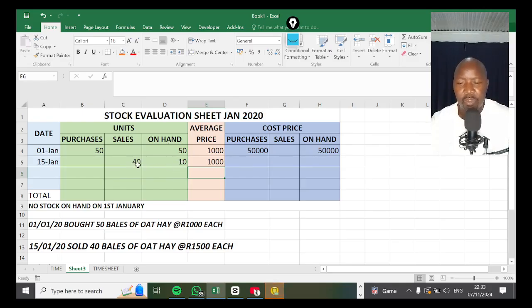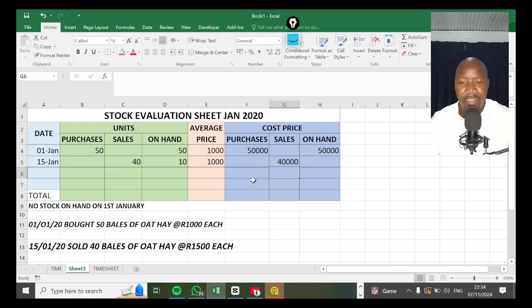Now we must record this 10, 40 and 10 on the cost price section. On the sales, we send this stock to the shop floor for sales at the cost price of 1,000. So we do an equal sign, then we go to our 40, then we multiply the 40 with the cost price. It becomes 40,000.